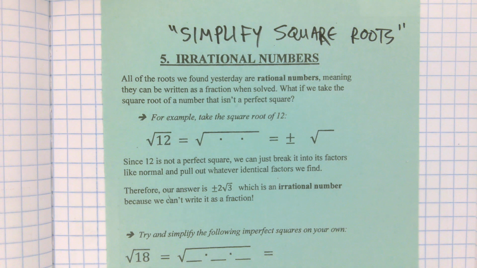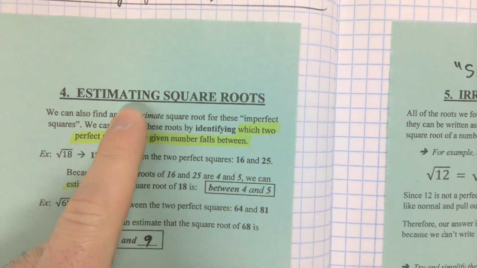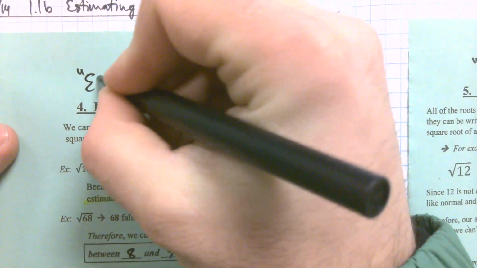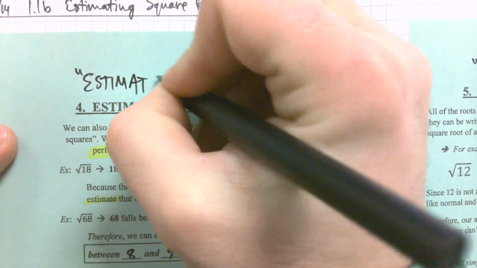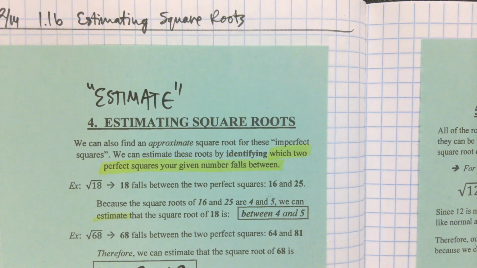Because you're going to be asked to estimate the square root, and you're going to be asked to simplify a square root, and they're very different processes. What we just did was estimating. In fact, on top of 4, let's write estimate, just so we know. I mean, we've wrote it twice already, but there it is.